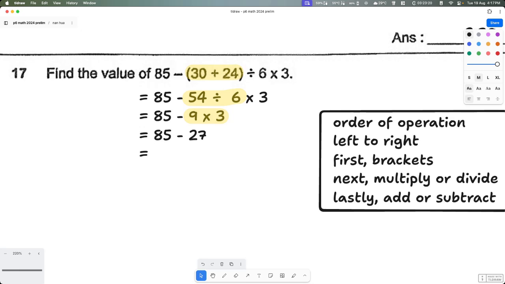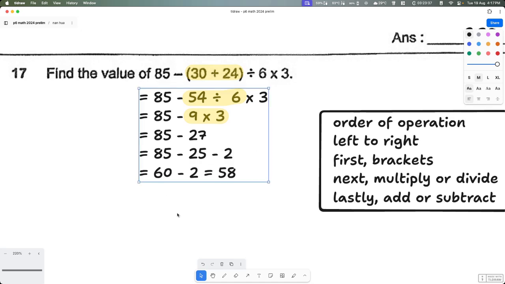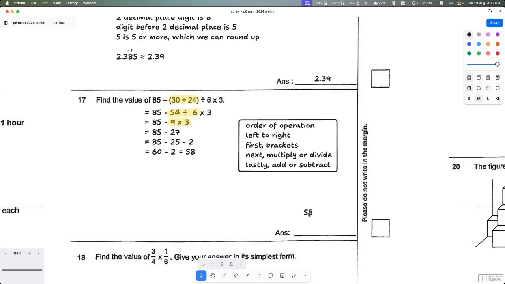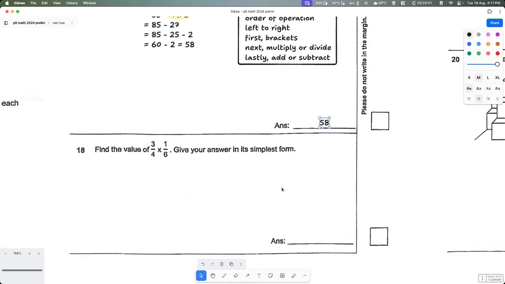I'm going to do 85 minus 25 minus 2. Not 95 again, 85. So 85 minus 25 is 60, minus 2 is equal to 58. So that's the answer, 58. Okay, and then we just put 58 over here. Let's move to next question.